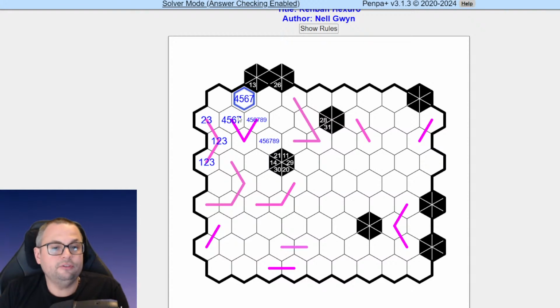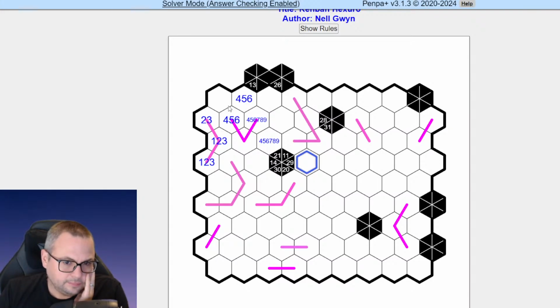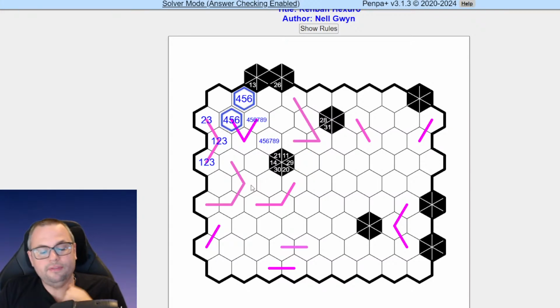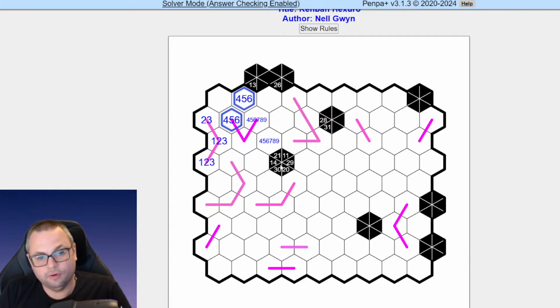Sorry, they need to add to at most 10, so the other is at most 6. And definitely one of these two... Sorry, not 10 or 11. 9 or 10, based on whether this is 3 or 4. And so one of these is a 4, so this is never a 4 for what it's worth.